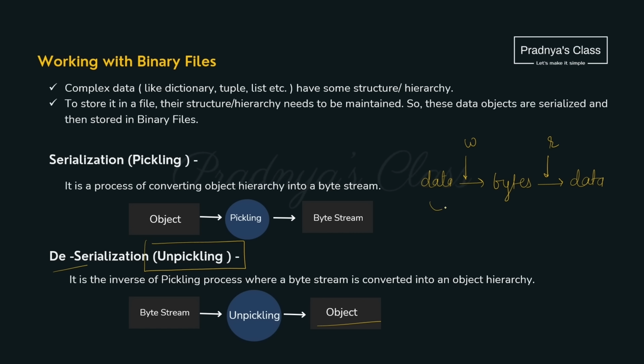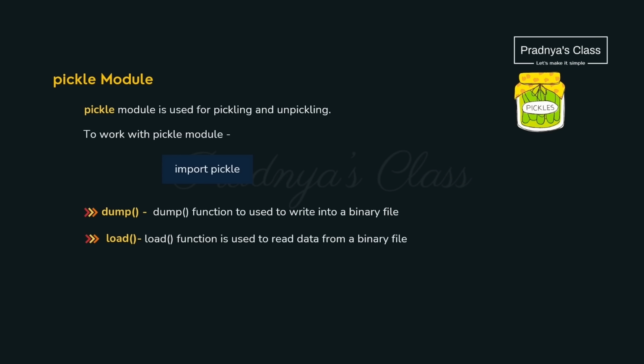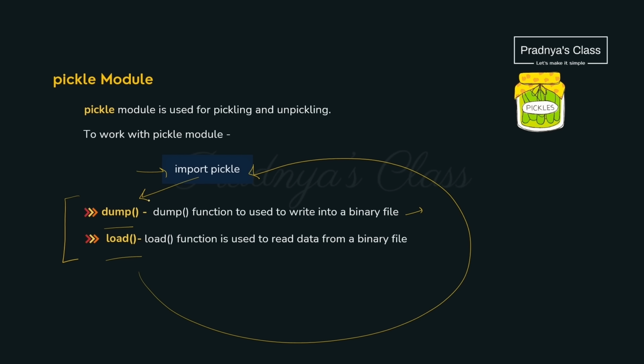We know when we do this process of writing and reading, we need some functions. That's why for binary file, we will be using pickle module. In pickle module, we have two functions. To write data, we have dump function, and to read data, we have load. These two functions are a part of the pickle module, so we need to import that module. Pickle module provides these two functions which do the task of pickling as well as unpickling.